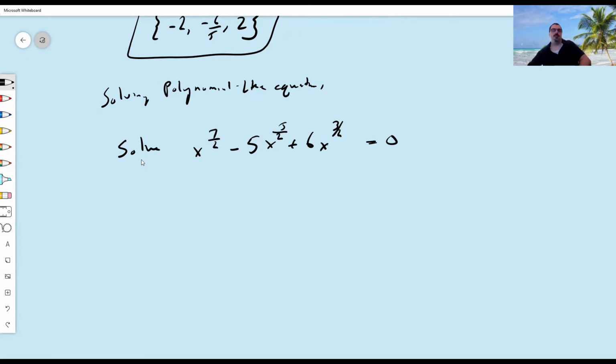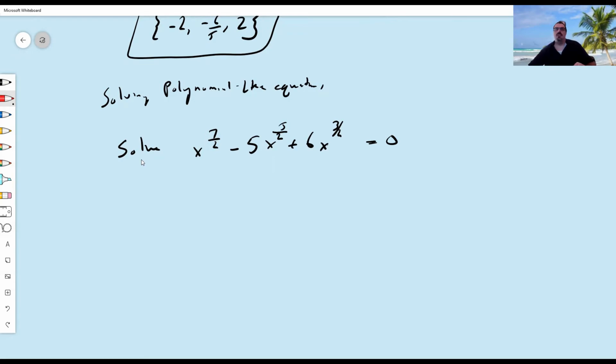We call this polynomial-like. Well, it's not a polynomial because to be a polynomial, these exponents all have to be whole numbers, and they have to be positive. These are fractions, but it can behave like a polynomial.